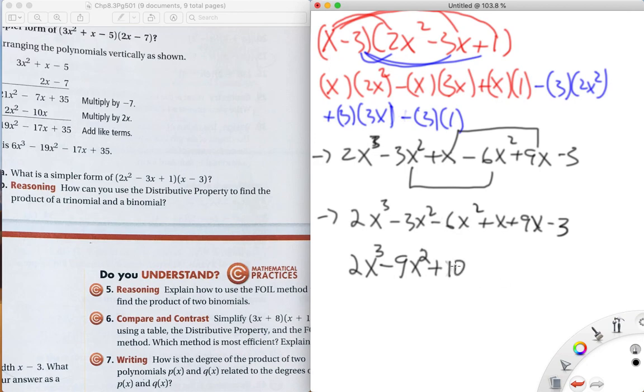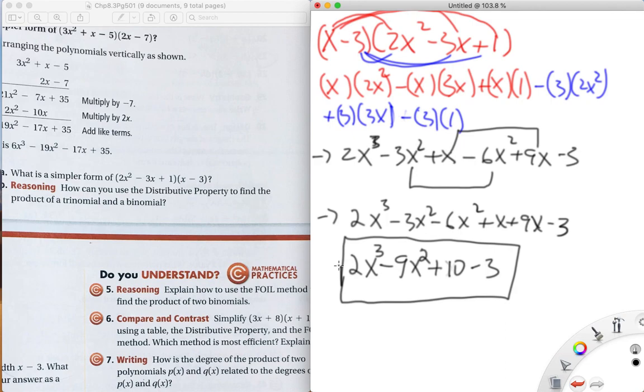And then 3 is by itself, negative 3. I can't combine it any further, so I am done. So I have 2x cubed minus 9x squared plus 10x minus 3.